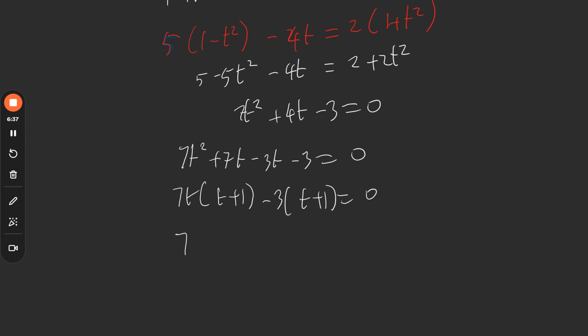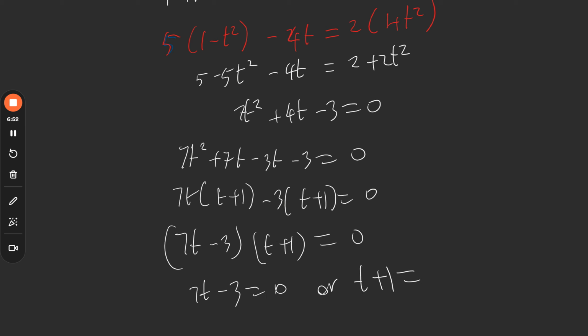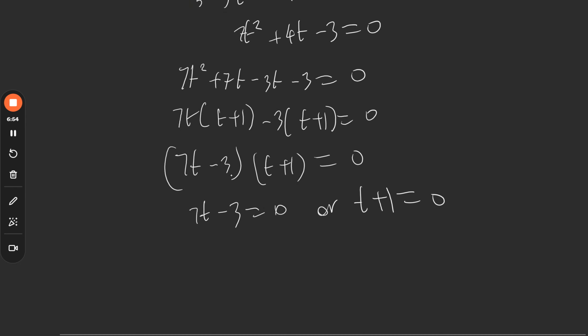You'll be having 7t minus 3 and t plus 1 equals 0. So 7t minus 3 equals 0, or t plus 1 equals 0. Solving for t, t will be 3 over 7, or t will be negative 1.